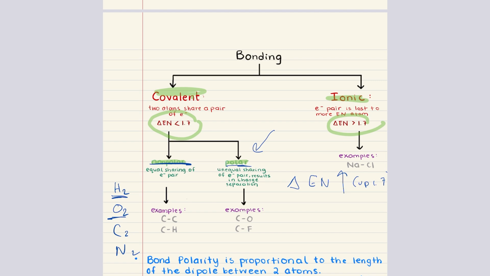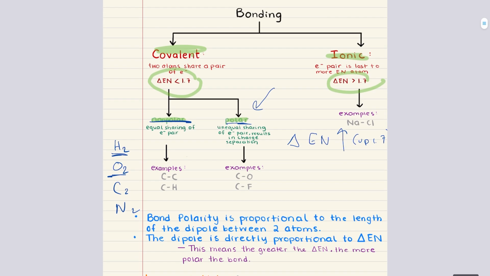Allow me to repeat. The degree of polarity in a bond depends on the electronegativity difference between the two atoms. As the difference in electronegativity increases, then the bond becomes more polar.